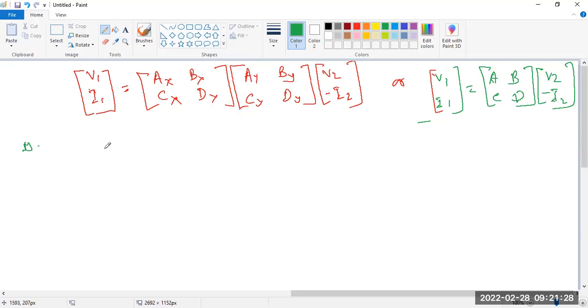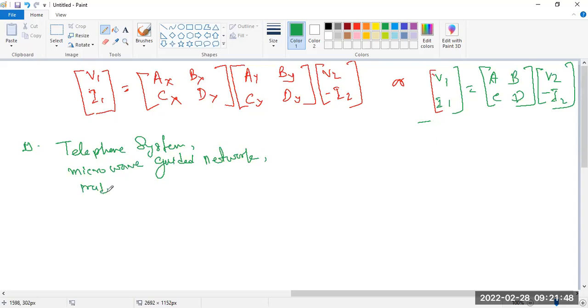This is applicable in the telephone system, microwave guided network, radars, etc. So this is our ABCD parameter.